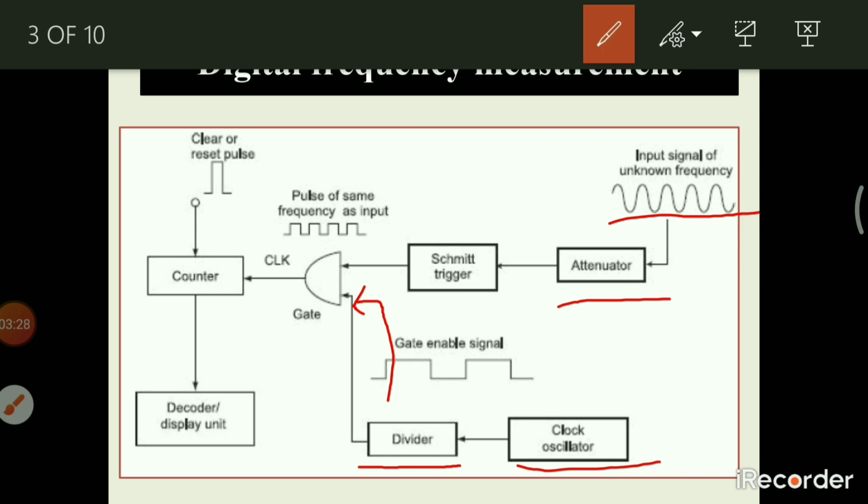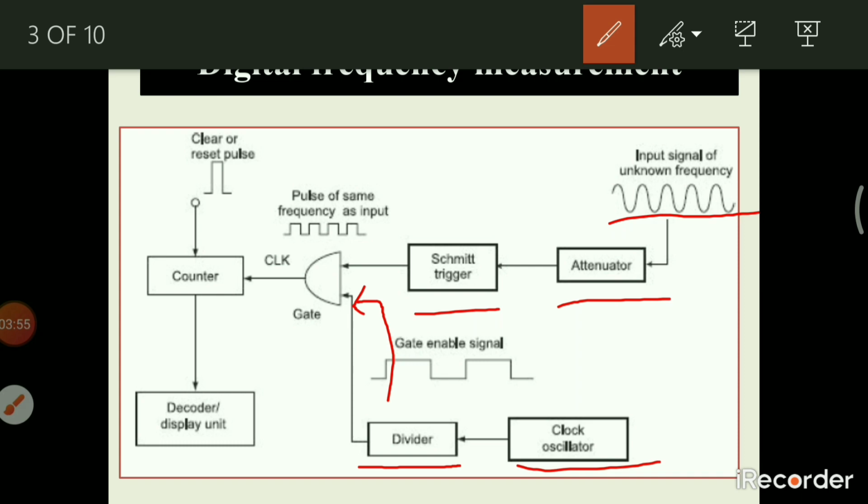This attenuator is used to reduce the magnitude of the input signal. Basically, it converts high magnitude into low magnitude. This attenuated signal is given to the Schmitt trigger. The function of the Schmitt trigger is to convert the sinusoidal signal into a square waveform.